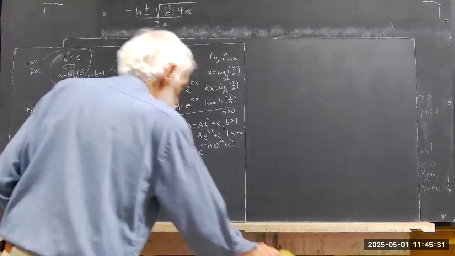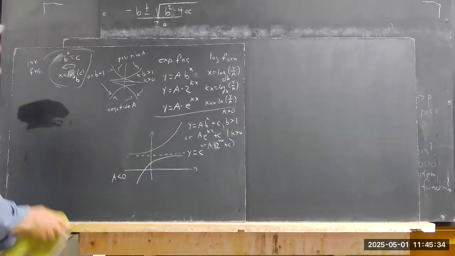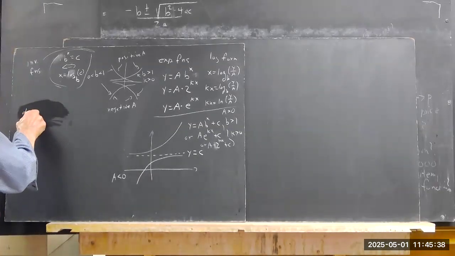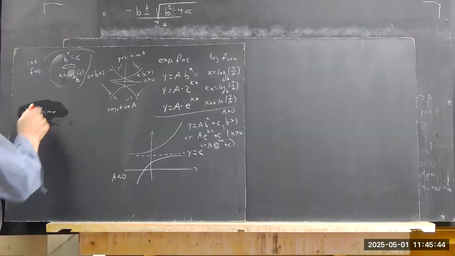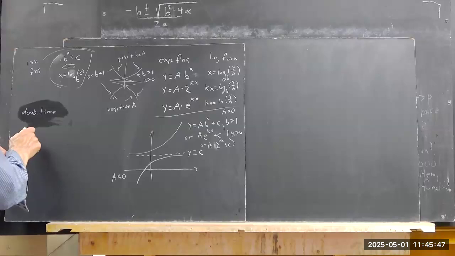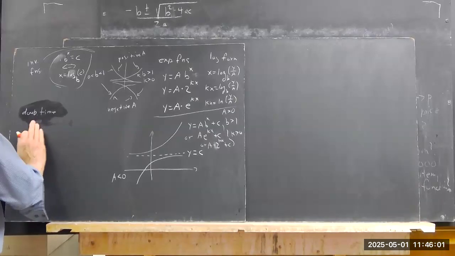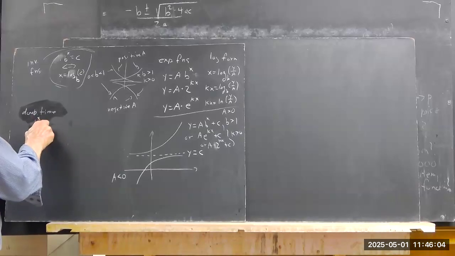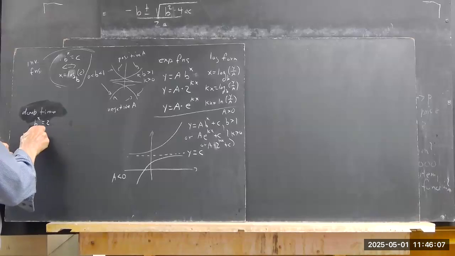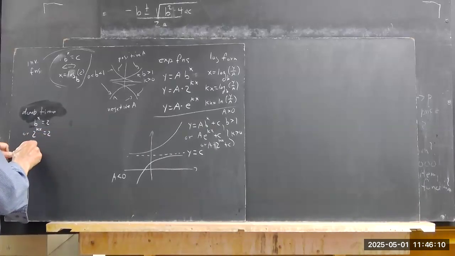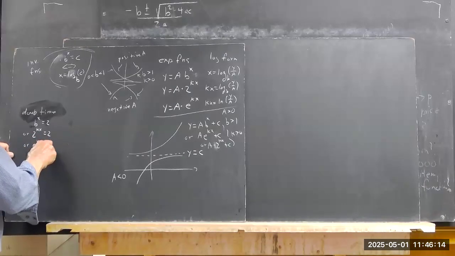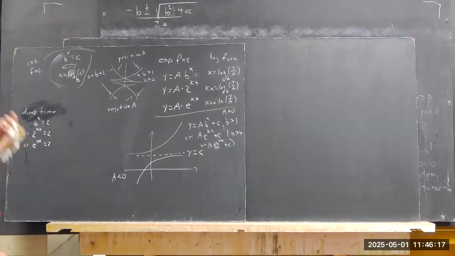I'm sorry, I'll do doubling time first. b to the x equals 2, or 2 to the kx equals 2, or e to the kx equals 2, depending on what form of the function you have.